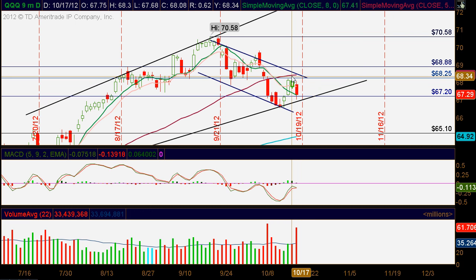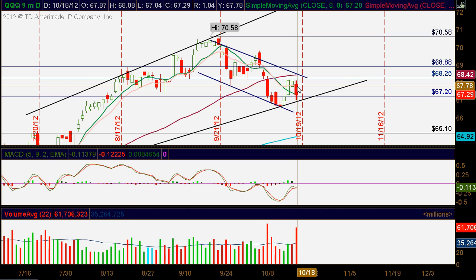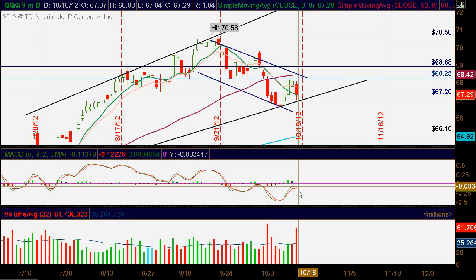We were trying to push all the way up there, but we never made it, and we pulled back down today on pretty significant volume.